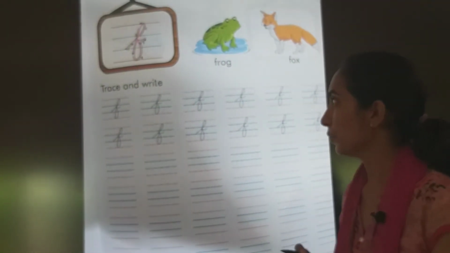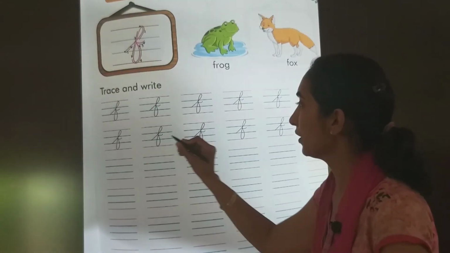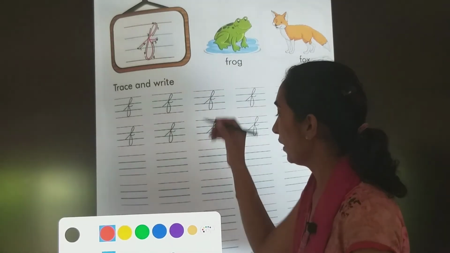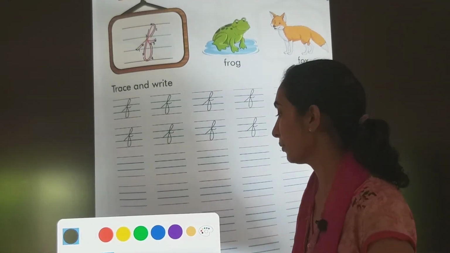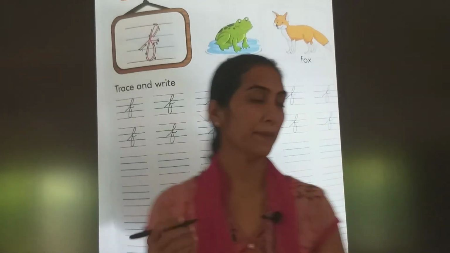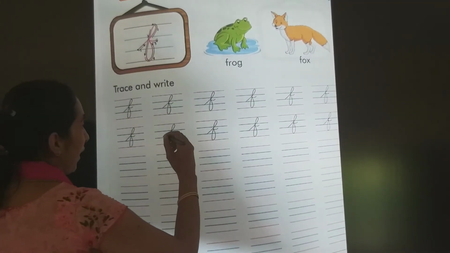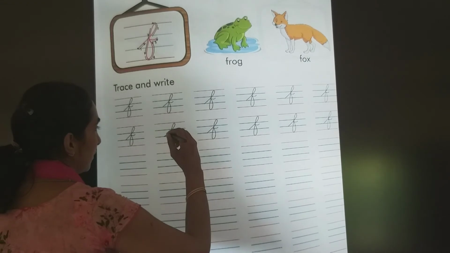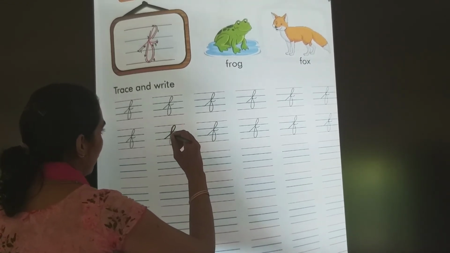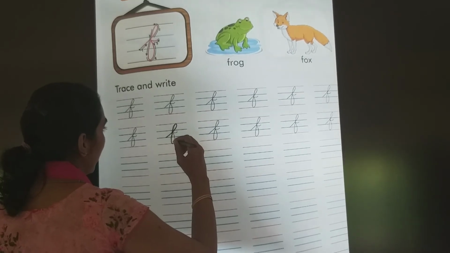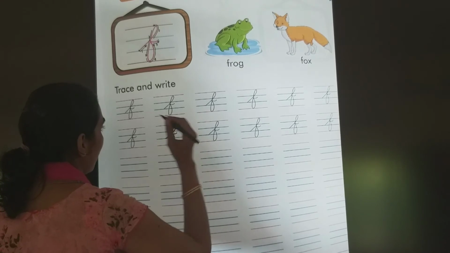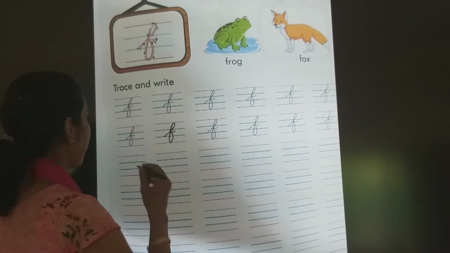This is small f. Where are we starting from? We are starting from the second blue line, right? How will we go there? Go up, take a loop, go down to the red line, take a loop again and out. This is f.